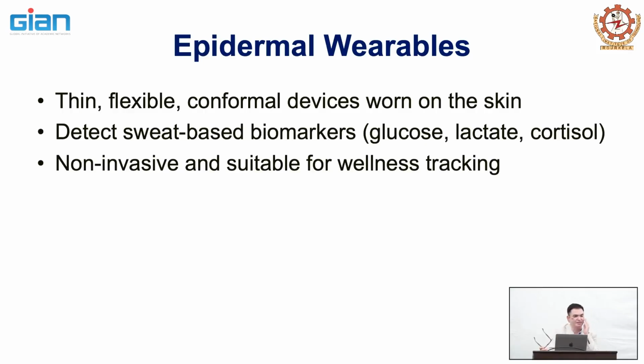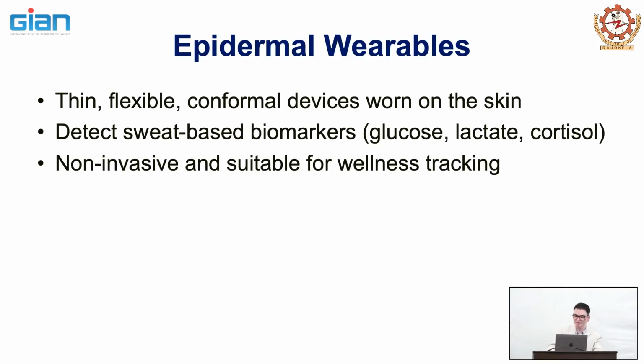We did identify one biomarker which we thought was going to be very useful with epidermal wearables. Does anybody remember that? Louder. Well done. Urea. We saw that urea in a colorimetric manner is very useful with sweat. We also looked at how these epidermal wearables can be used non-invasively, and they're suitable for wellness tracking as well.